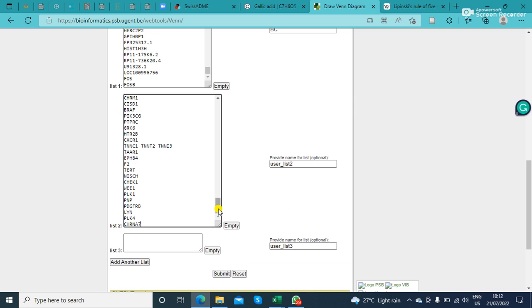So I will check this one also. And here I'm seeing that there are 3 genes on the same line. That's not a big deal. I will just list them. Enter, and it will go on the next line. So that's just it.